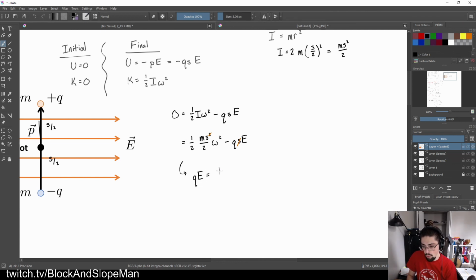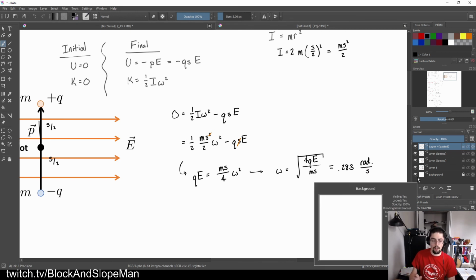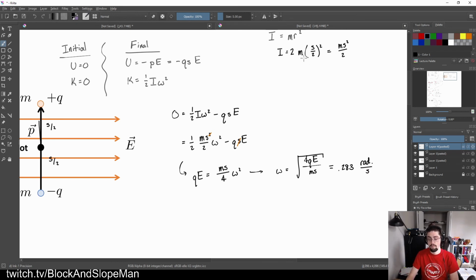QE is equal to MS over 4 omega squared. Omega is equal to the square root of 4 QE over MS. And that's it. What we should find is 0.283 radians per second as our final answer. And that's it.